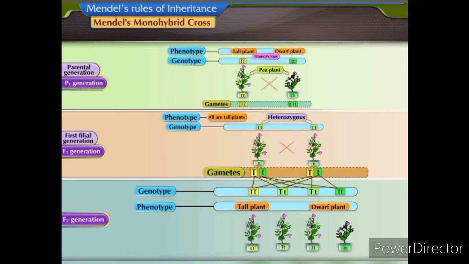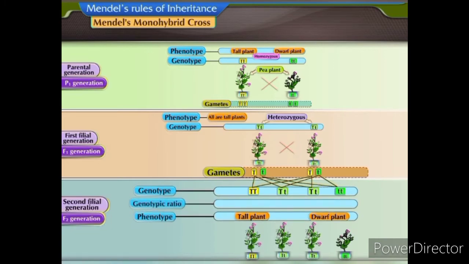The gametes produced from each of the parents are of two types, T and t. The second filial generation, that is F2, has a genotypic ratio of 1 TT is to 2 Tt is to 1 tt.